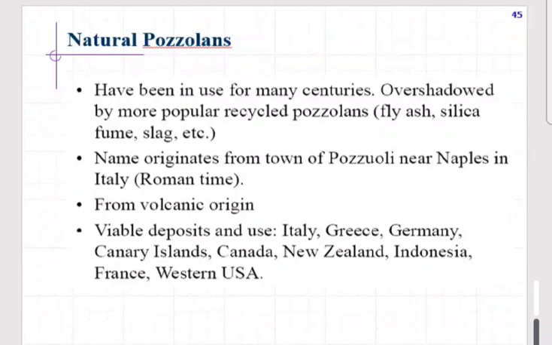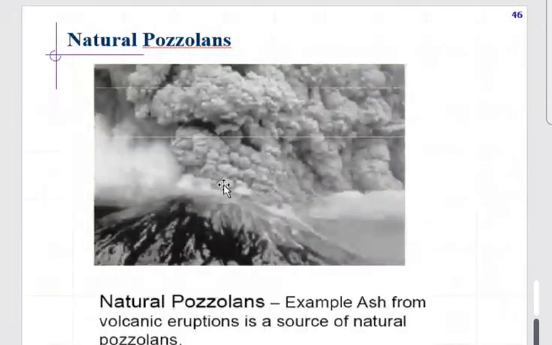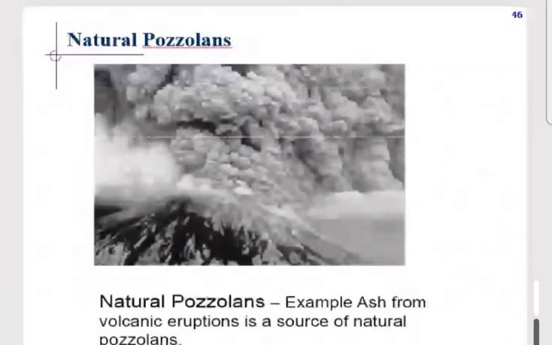Just like its name is actually being originated by Pozzuoli near Naples, इटली में है जी, वहां से ये ओरिजिनेट होता है. और जहां पे भी दुनिया में पोजोलानिक एक्टिविटी हो रही है, वोल्केनिक रप्ट हो रहा है, जब ये वोल्केनिक ऐश निकल जाता है और इसका जो लेफ्ट ओवर बचता है वोल्केनिक eruption के बाद, जो ऐश बचती है उसको कहते हैं नेचुरल पोजोलान. इसको ग्राइंड कर लिया जाए तो ये बहुत अच्छा बाइंडिंग मटेरियल बनता है.